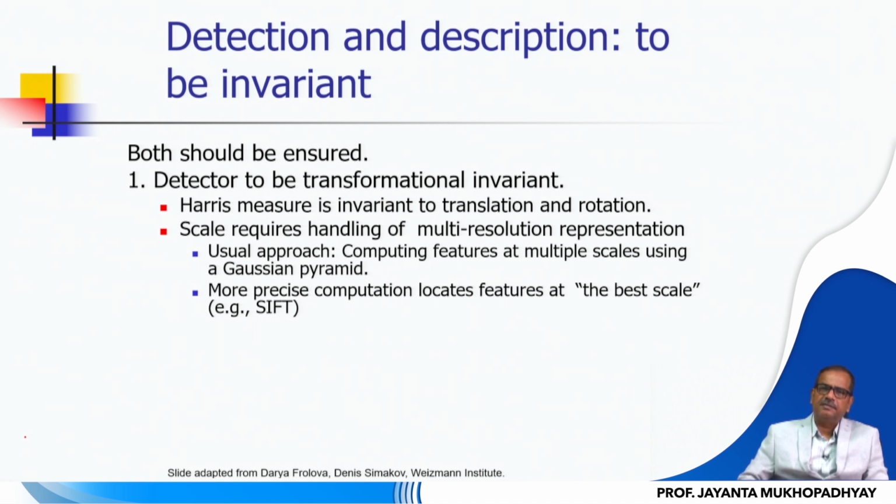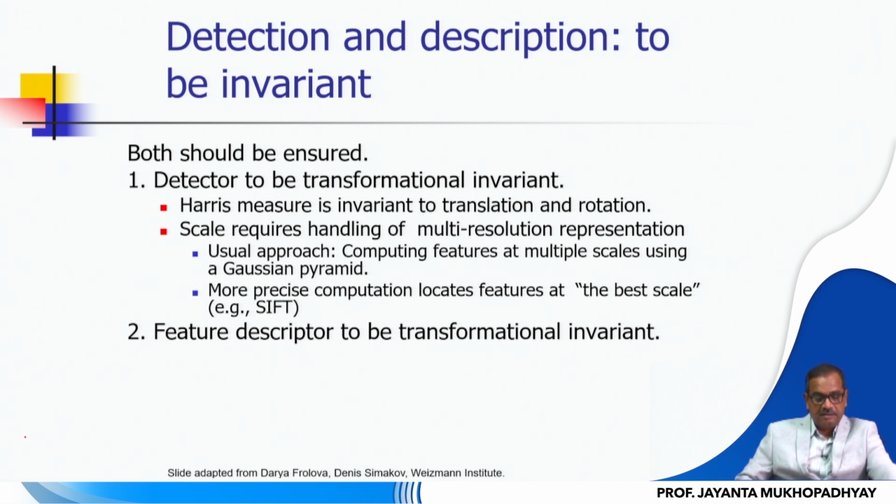This is a very widely used operator. It has been found to be very robust, and we use it in many applications. I will describe this operator and its computations following this discussion. So the feature descriptor should be transformation invariant. First, detection should be transformation invariant.